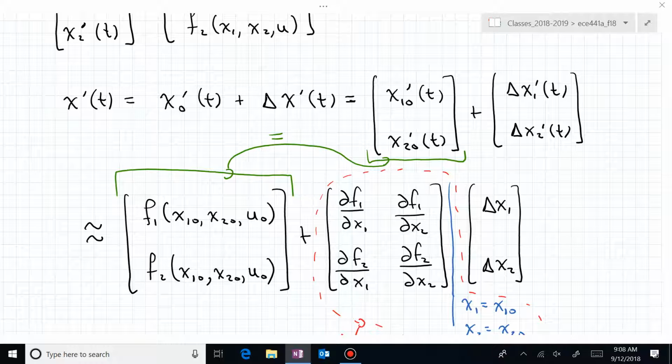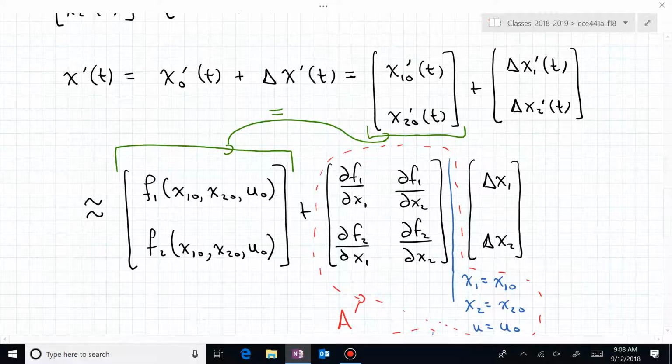And here I've simply illustrated that for a second order example. And what I've underlined in green, or overbarred in green, that's what we are assuming is true. We're assuming that the nominal operating condition is satisfied.